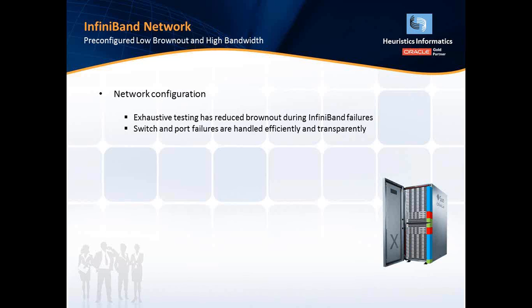That includes your database servers, that includes your storage servers. In addition, the switches that are connected to those database and storage servers are redundant also. So all failures in terms of switch, port, NIC, are all handled transparently, and the end user doesn't even realize that there is some problem happening.